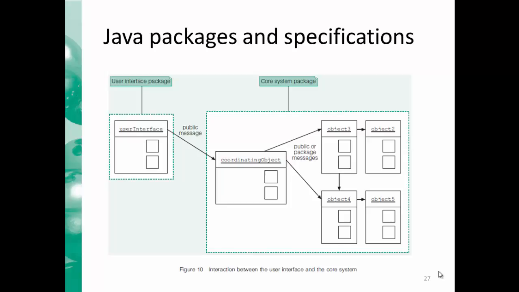The coordinating object coordinates the services provided by the objects in the core system to provide the service requested by the user interface. In this way, the integrity of the core system is better preserved.